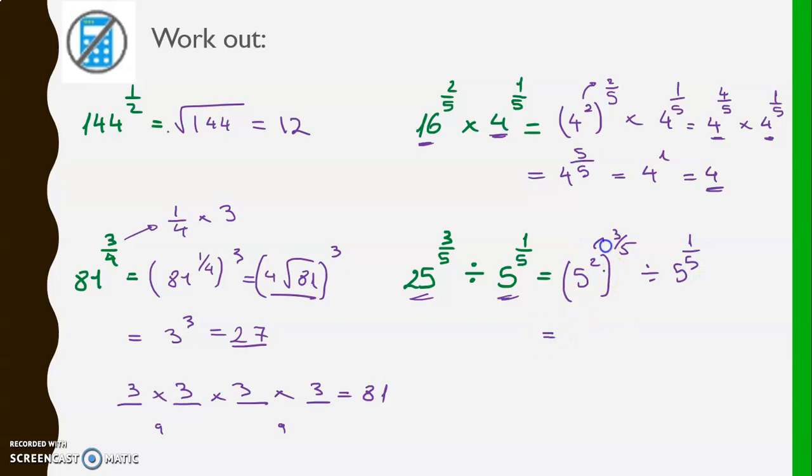We multiply the powers. 5 to the power of 3 times 2, 6/5, divided by 5 to the power of a fifth. We have the same base, division, so we subtract the powers. That's 5 to the power of 6/5 minus 1/5, that's 5/5. So the answer is 5 to the power of 1, which is 5.